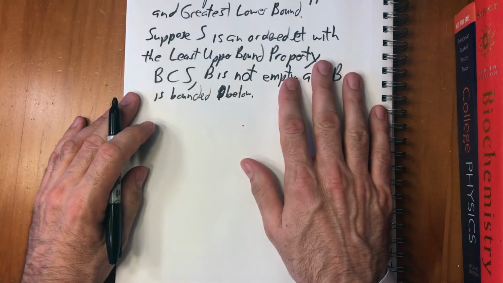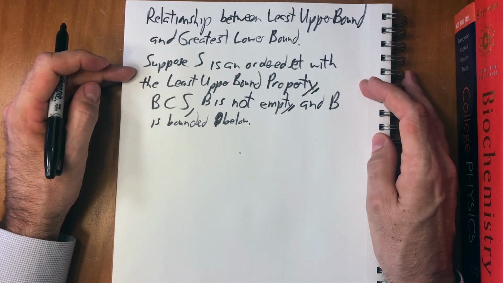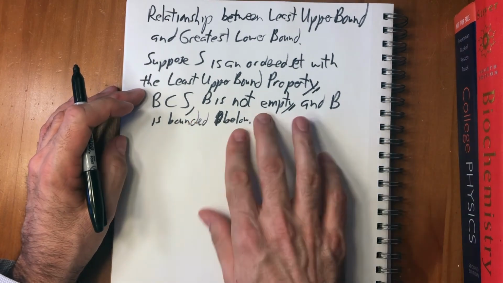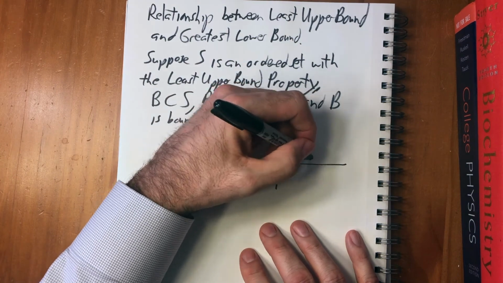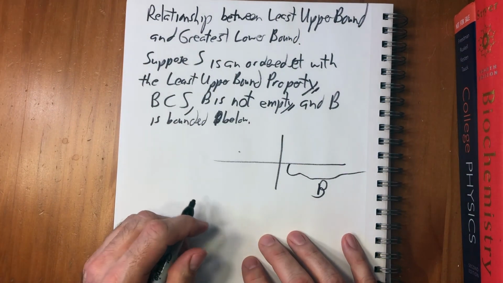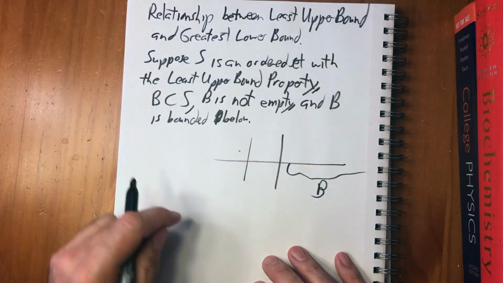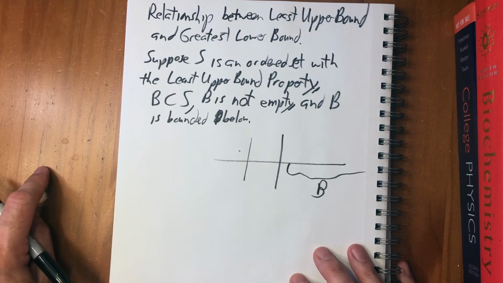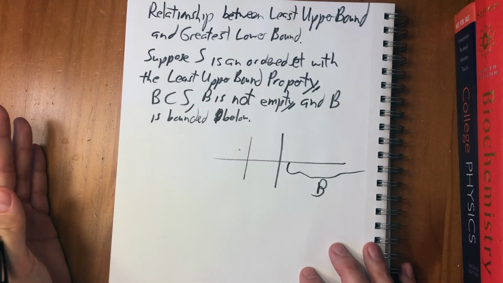So what does that mean? S has the least upper bound property, so it's something more than rational numbers. B is a subset of S, B is not empty, and B is bounded below. That means that B is here somewhere, and it's bounded from below. So it's not infinite to the left. It's not like all numbers less than 5. There's some point at which nothing else is in B.